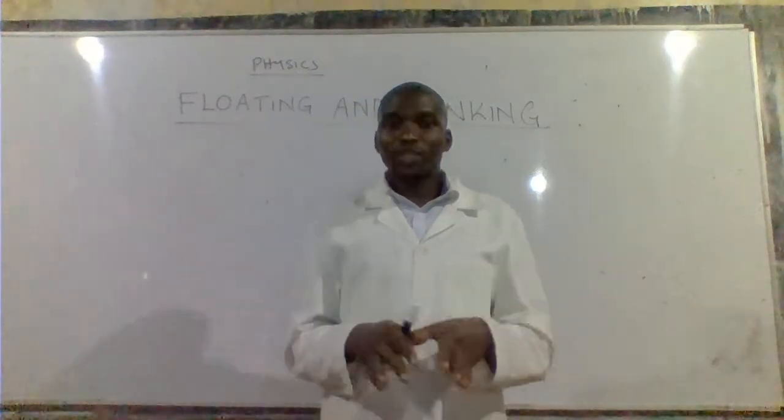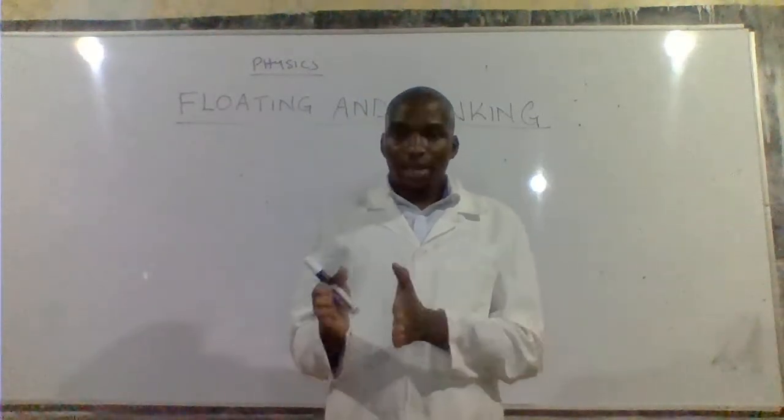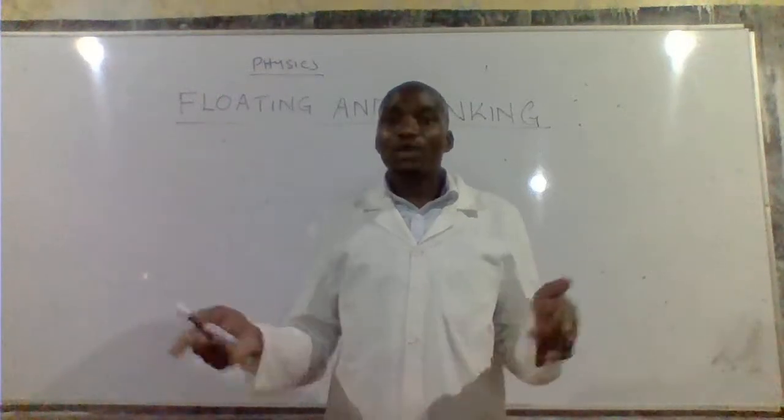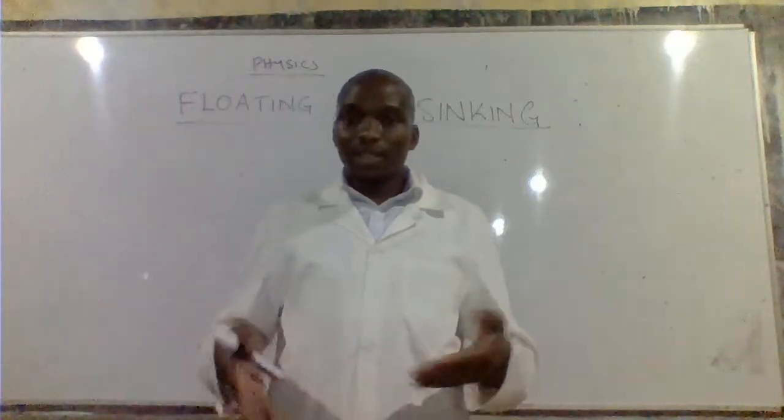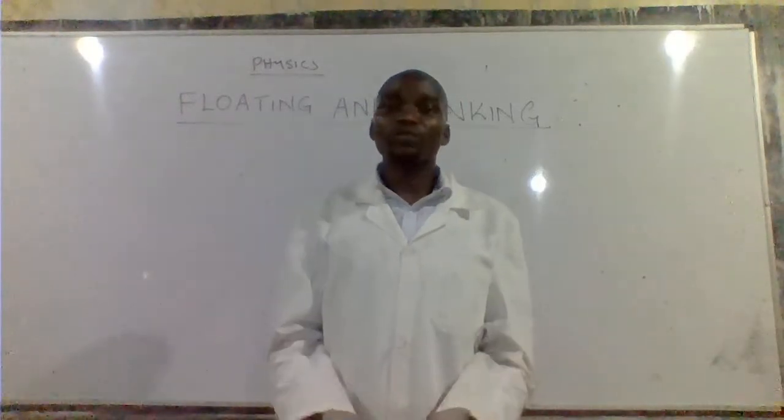Now those given objects whose density is higher than the liquid in which they are put are going to sink, and those given materials whose density is less than the liquid in which they are put are going to float in water.